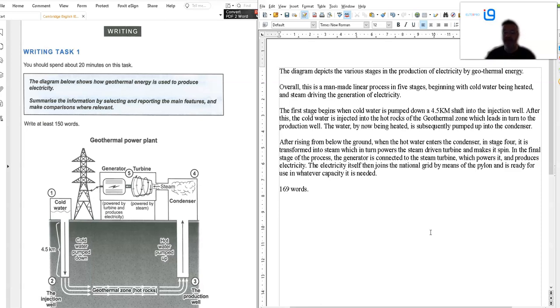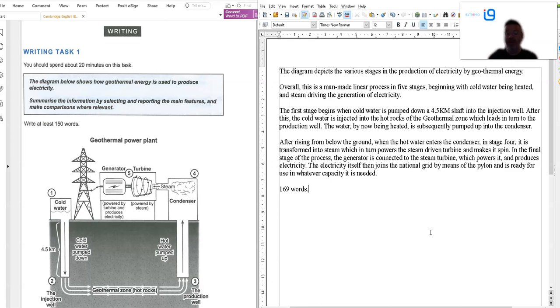First stage begins, after this, which leads in turn, the water by now, subsequently, after rising, in the final stage. So you need to use these connectors and make a sequence. So you're using sequential language, transitional words and phrases.